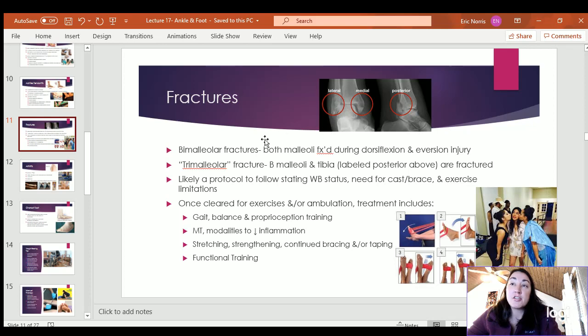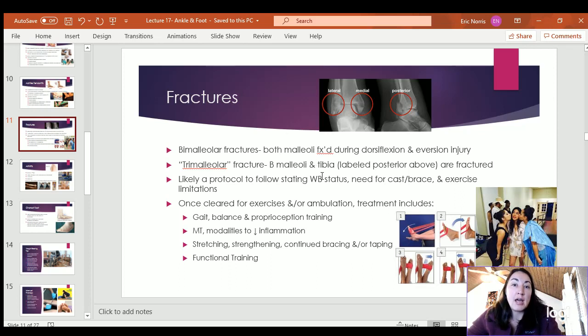But there's such a thing as a trimalleolar fracture, which there's not 3 malleoli, but it also involves the tibia, the posterior tibia. The end of that breaks off. So up here it's labeled as posterior, but that would be if all three of these areas are fractured with one injury. That would be a trimalleolar fracture, something you don't want.